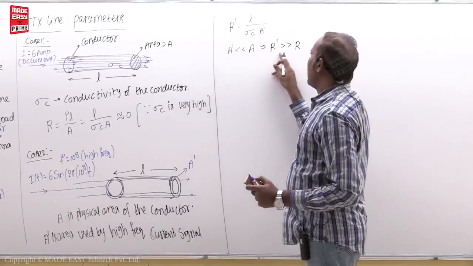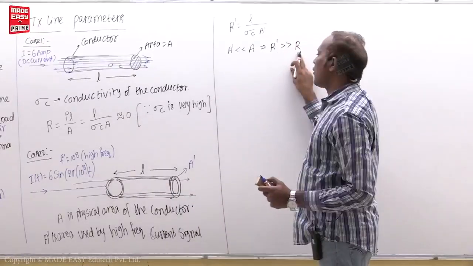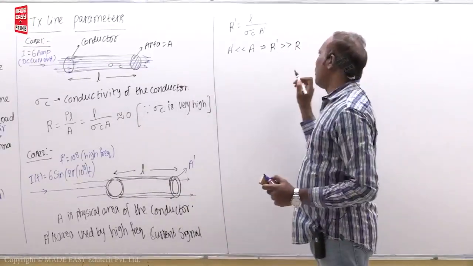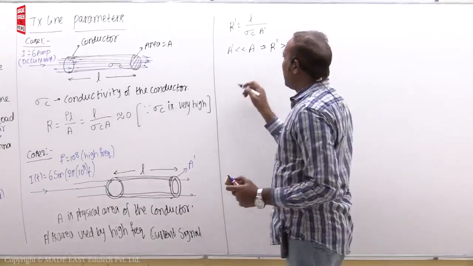That is why the R dash value is much greater than R. So R is the resistance offered by the same conductor at low frequency, and R dash is the resistance offered by this conductor at high frequency.